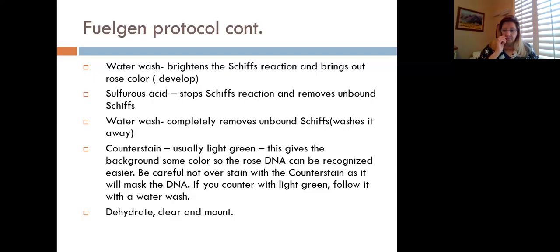Okay. This is true for your hands, ladies and gentlemen. You grab that Schiff's bottle out of the refrigerator, and you're not wearing a glove, and you won't even know it's there, until you go and wash your hands, and then all of a sudden your hands are pink.